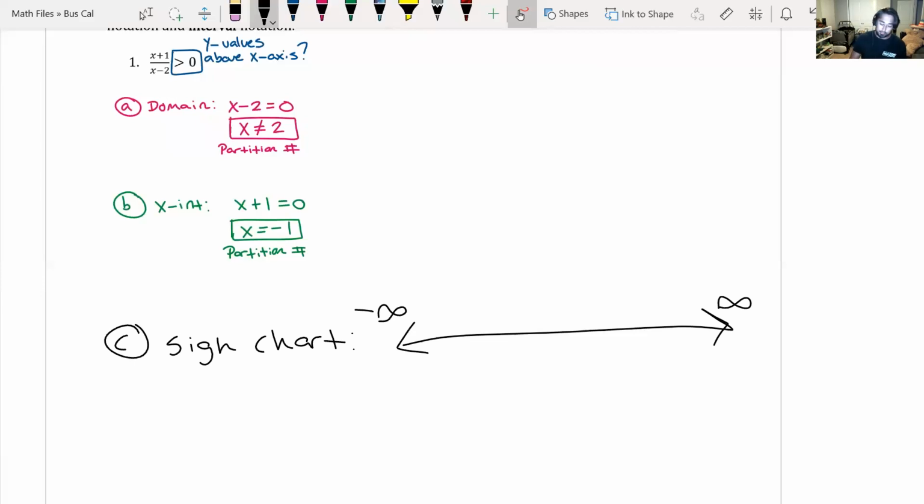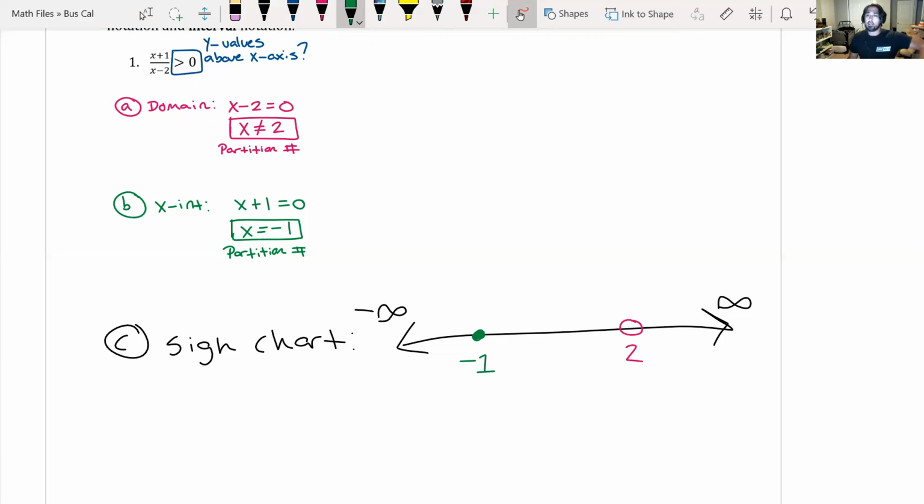Okay, now let's plot our partition numbers. First is x cannot equal 2. So guess what? That's going to make an open circle on my number line at 2. And then x equals -1. We can be -1, so that's going to make a closed circle on my number line or my sign chart. Number line, sign chart, either one.